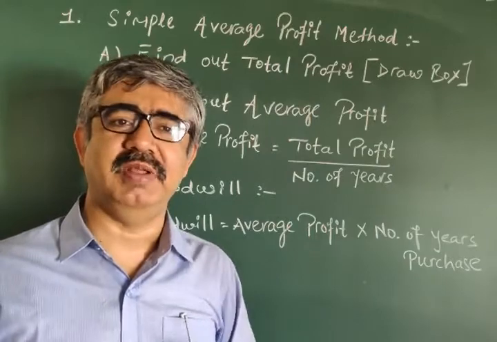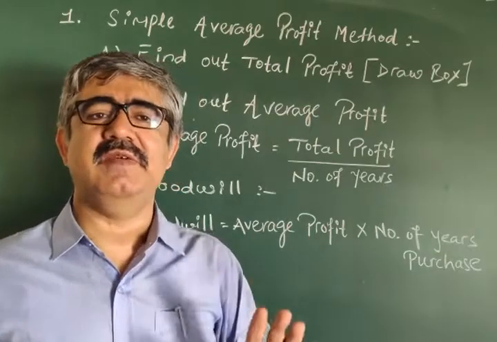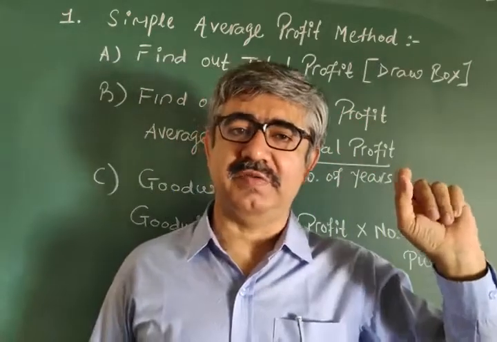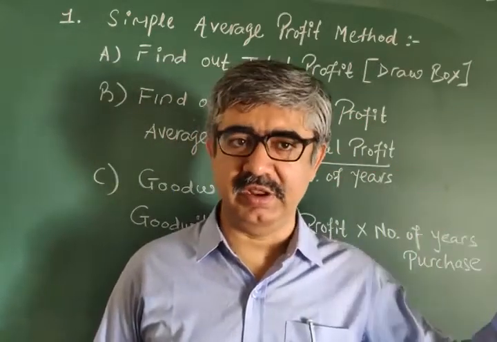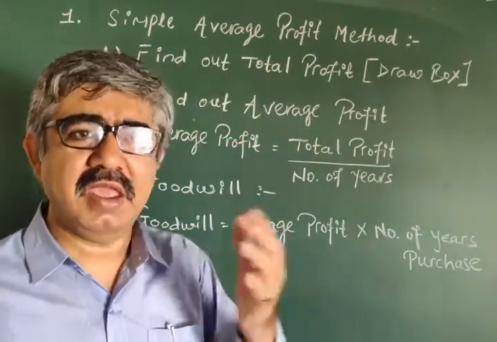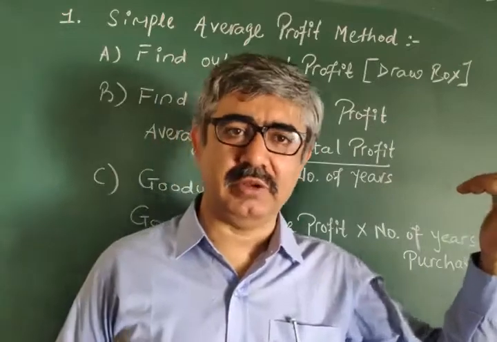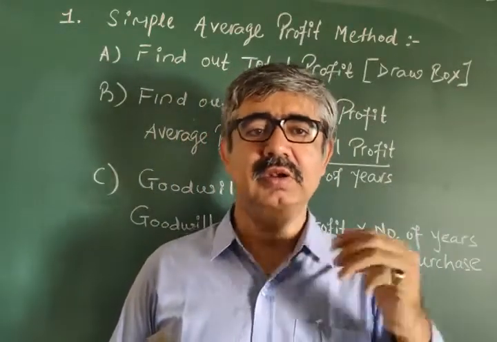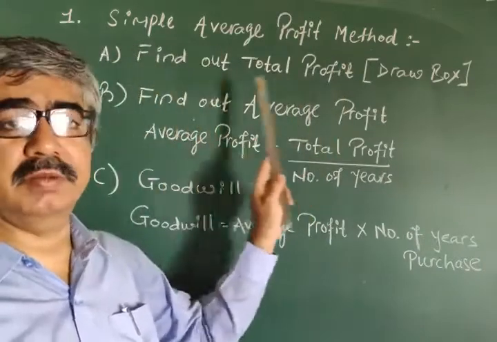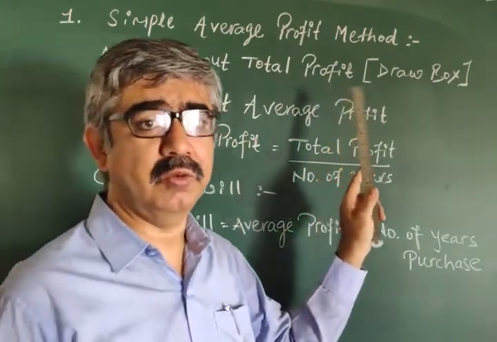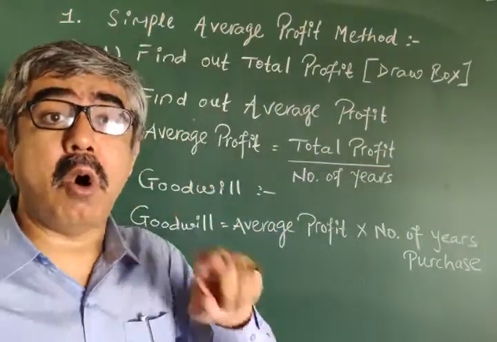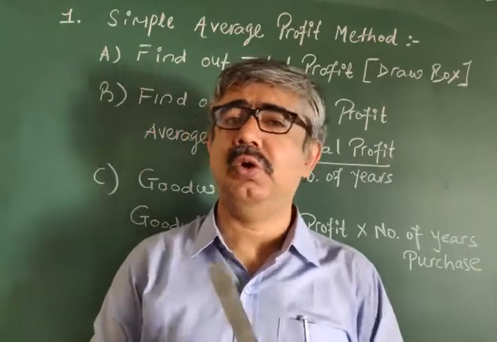Find the total profit means what? They give you some data like 2017-18, 18-19, 19-20, 3 years, and they may give you profits like 60,000, 40,000 and 50,000. So what are you supposed to do? Very, very simple. That's why I give this drawn box. Don't do it haphazardly.